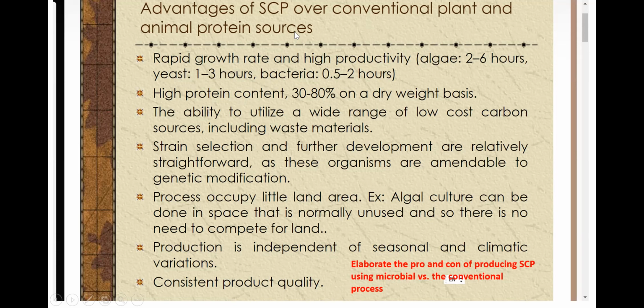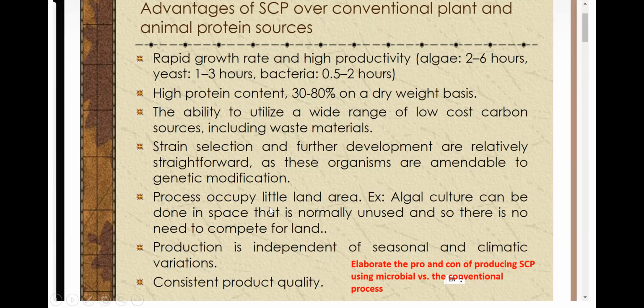So for example, if we compare to eating meat as a protein source, what would be the advantages given by SCP? For example, we can say in SCP, the protein can be as high as 30 to 80% on a dry basis, and the growth is rapid. Some of this content has been mentioned just now.